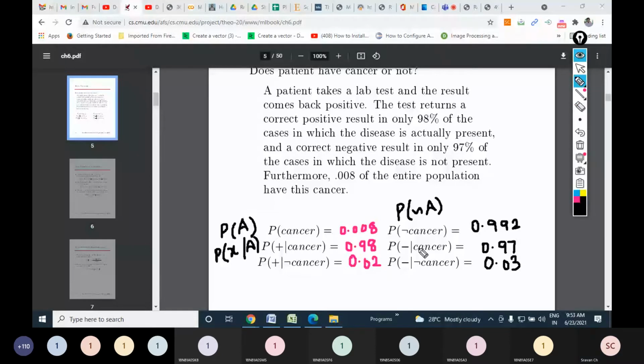P of X bar negative A. So this is P of X bar negative A. So you should be in a position to identify what is P of A, what is P of negative A, what is P of X by A, what is P of X bar negative A or negation of A, right? So what is this one?